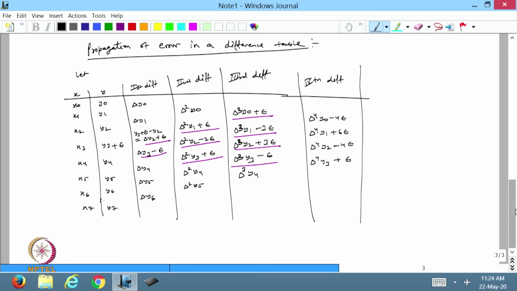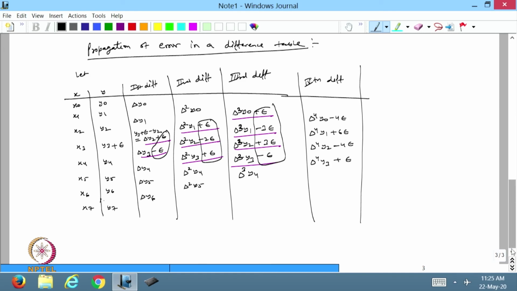So, from here you can see that the error propagates as we go for the higher differences, and the pattern, if you see, the pattern of the error is like this one. So, here is the pattern is like this one, here is the pattern is like this one, and so on.